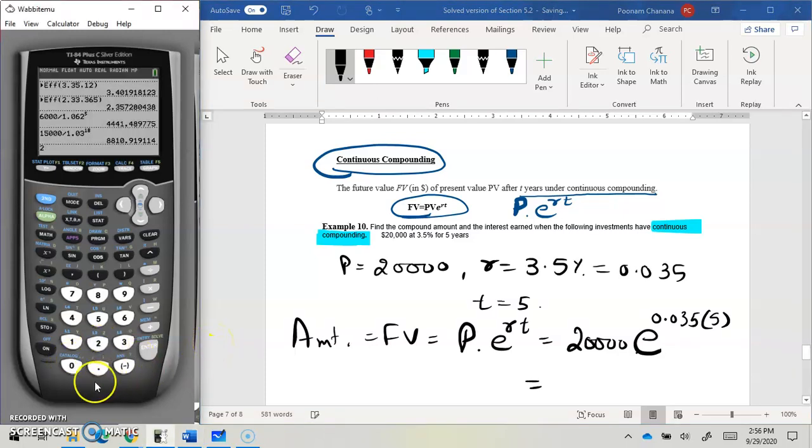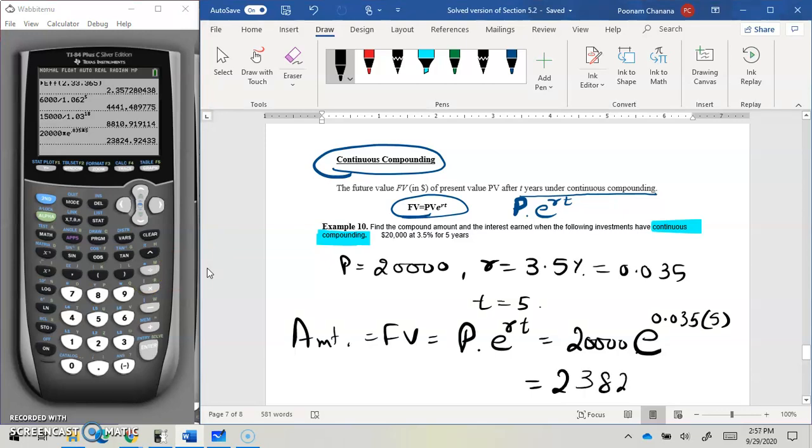You can use the calculator here. That will be 23,824.92 in 5 years with continuous compounding.